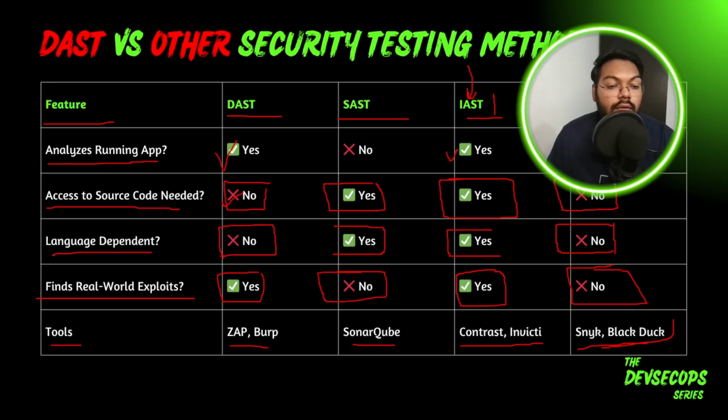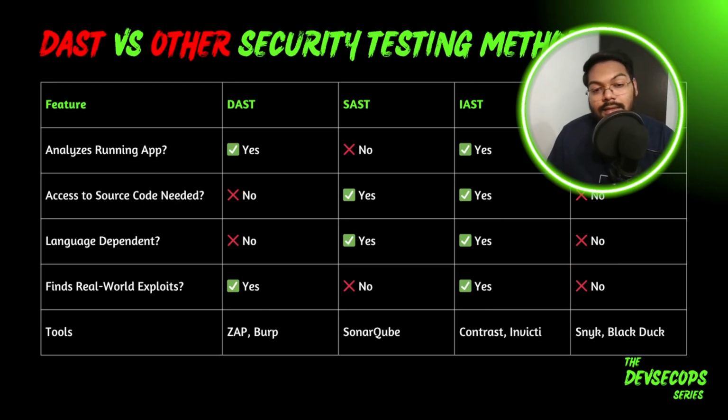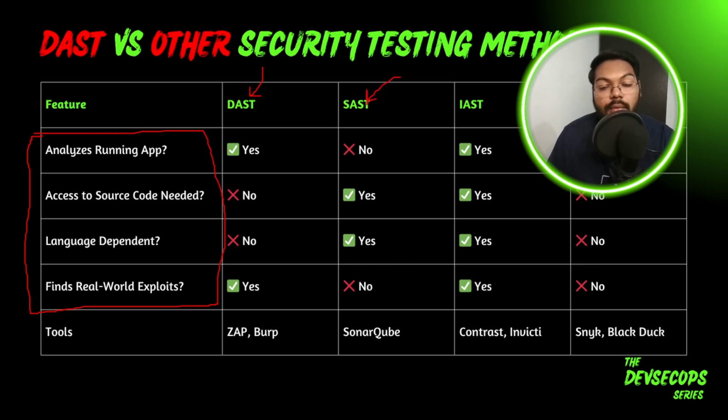Here you can see which methodology covers a lot of these things. DAST has some capabilities, some it does not. SAST also has some capabilities. SCA also has certain capabilities, but it does not provide everything.